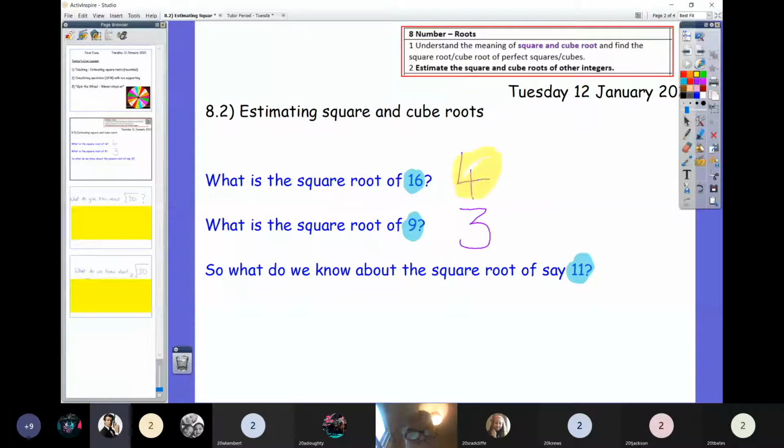And that's all we're going to be doing today. We're just estimating what the square root is. So I don't know what the square root of 11 is, but what I can tell you is that it's definitely between 3 and 4.